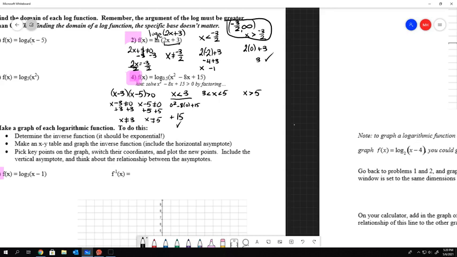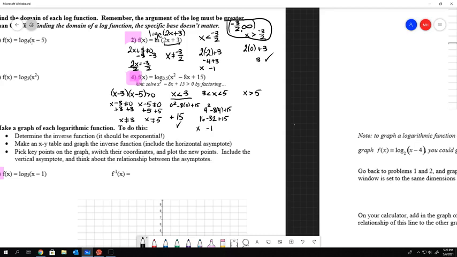The only number in between 3 and 5 that's easy to plug in would be 4. 4 squared minus 8 times 4 plus 15. 16 minus 32 plus 15. Well, 16 minus 32 is negative 16, and negative 16 plus 15 is negative 1. So we can't use this one. It gives us a negative number, and we cannot take the log of a negative.